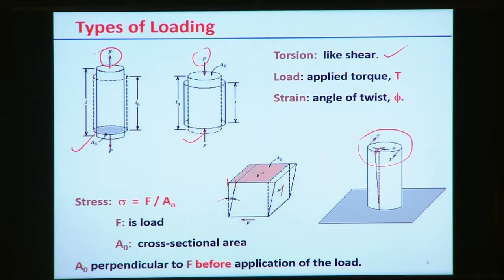The normal stress is defined as the application of the load divided by the cross-sectional area, but in this case the cross-sectional area is normal to the applied load. So A0 is perpendicular to F before application of the load, whereas for shear, A0 may be parallel to the application of the load.